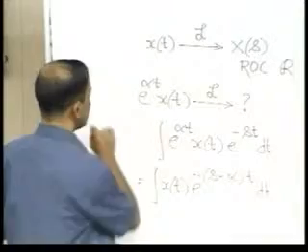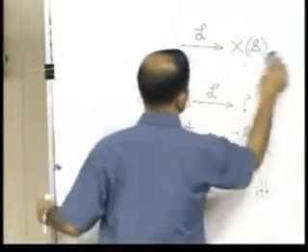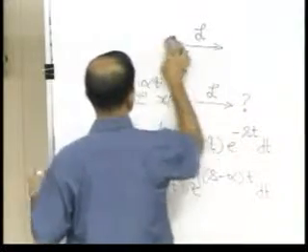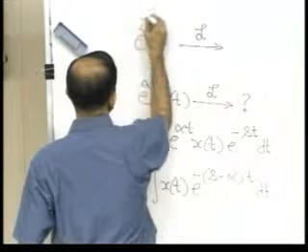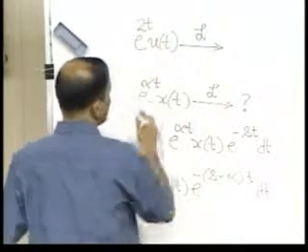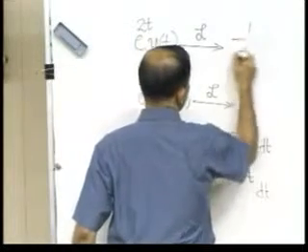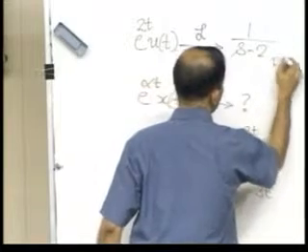Right. To take an example, e raised to the power 2t, our traditional example u t, has the Laplace transform 1 by s minus 2 in the region of convergence, real part of s greater than 2.